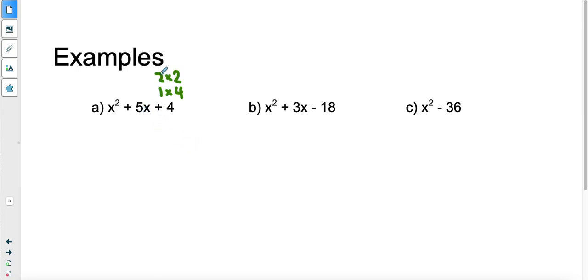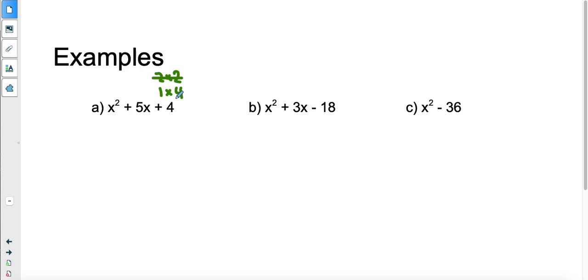Well, let's see. 2 plus 2 is 4. This does not add to 5, so that doesn't work. 1 plus 4 is 5, so that works. And those are my two numbers, 1 and 4.